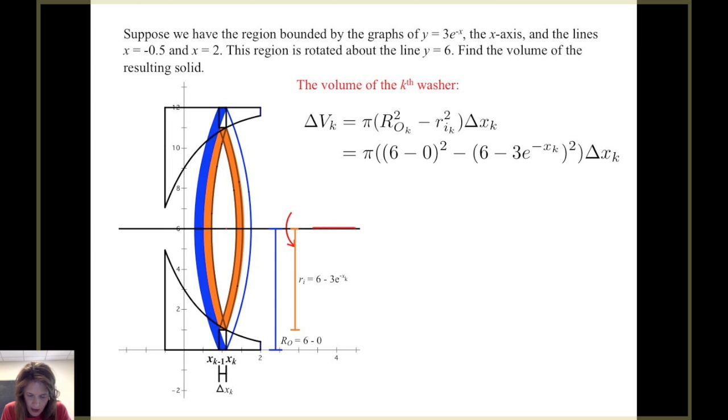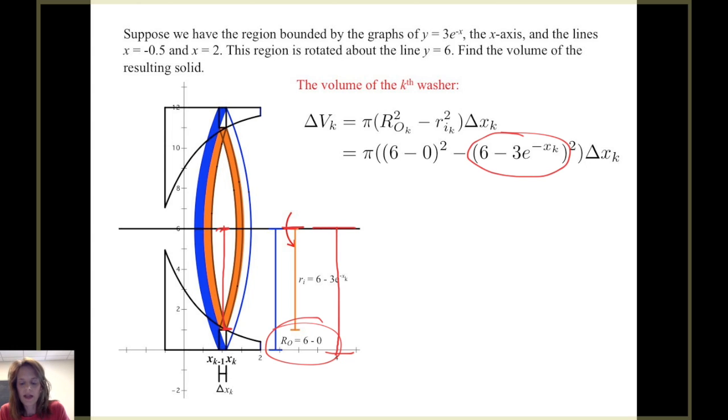In this case, the outer radius comes from the axis of revolution down to the x-axis, so the outer radius is 6 minus 0. The inner radius is that from the axis of revolution down to the function. So it's going to be 6 minus 3 times e to the negative x sub k, quantity squared.